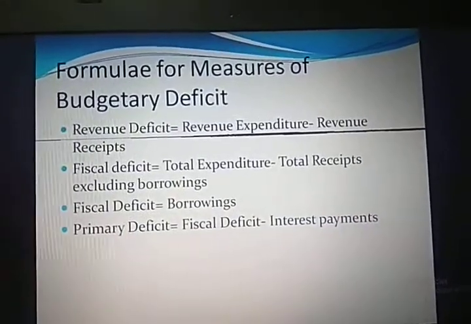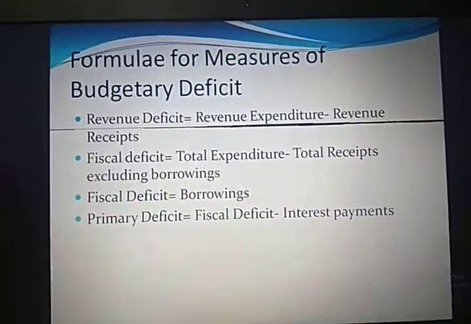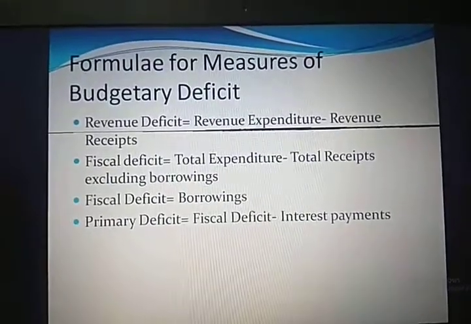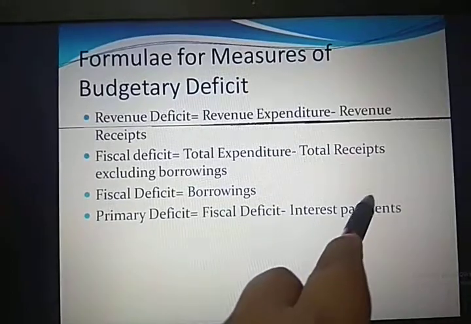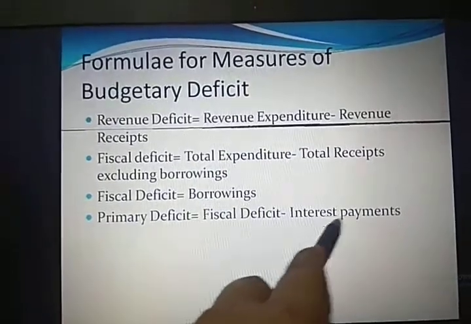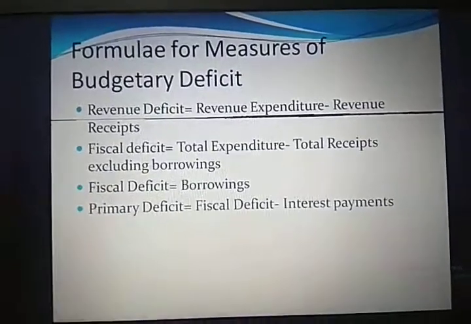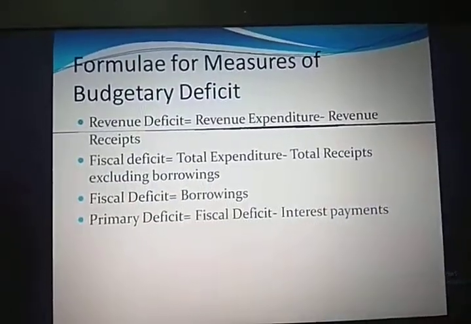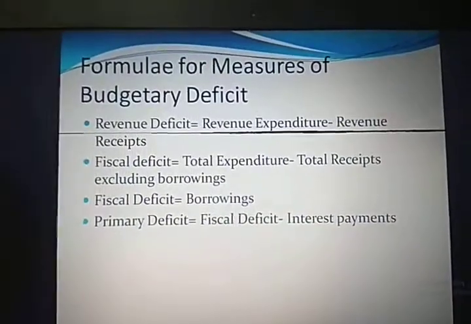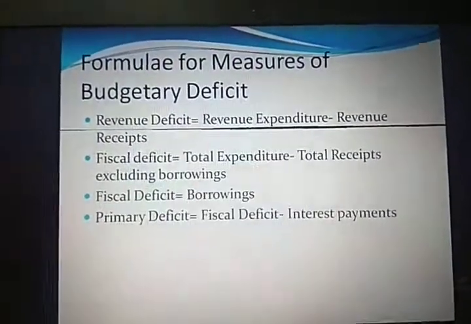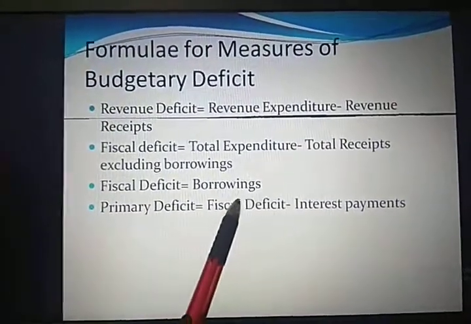So the situation is a worse situation for any economy, because this indicates that whatever loan amount you have taken in the present, you are utilizing the complete loan amount in paying the interest on the previous borrowing. So you are left with 0 amount. On the contrary, if I say fiscal deficit is equal to 100 and interest payment is only 40, that means you have taken a loan of 100 crore.